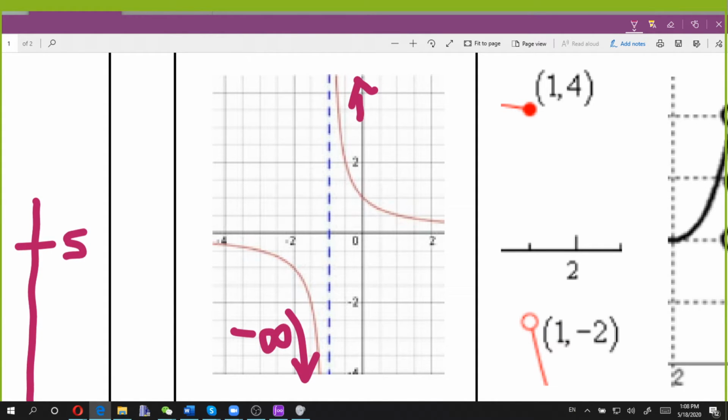From the right, I'm approaching positive infinity as I get closer and closer to x equals -1. Because some of my one-sided limits are approaching infinity or negative infinity, this is a non-removable discontinuity. Also, because my limits are different would be a second reason why this is a non-removable discontinuity.